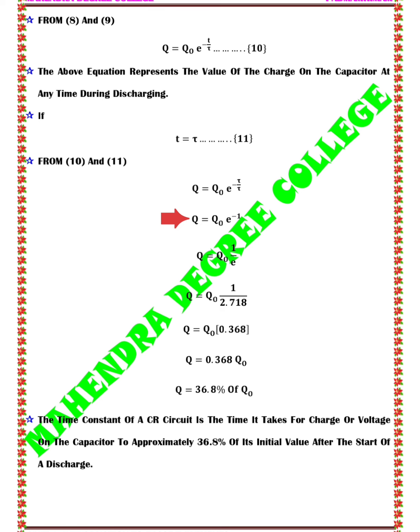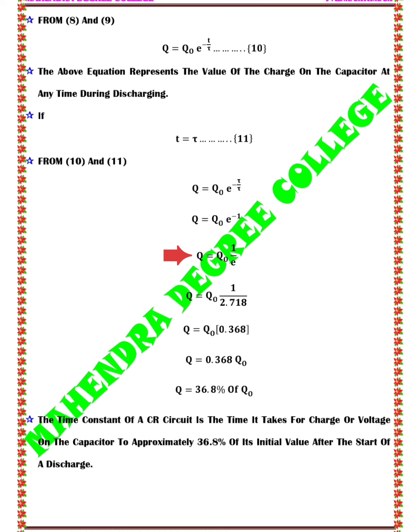We get Q equals Q naught e power minus 1. E power minus 1 is a fundamental identity from exponential mathematics. The negative exponent means reciprocal. So, e power minus 1 equals 1 by e.